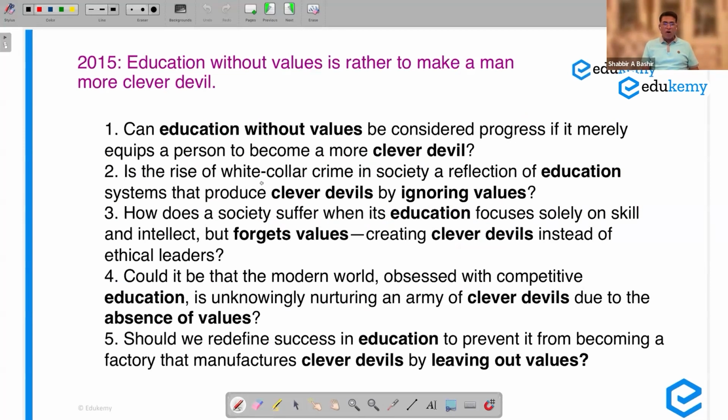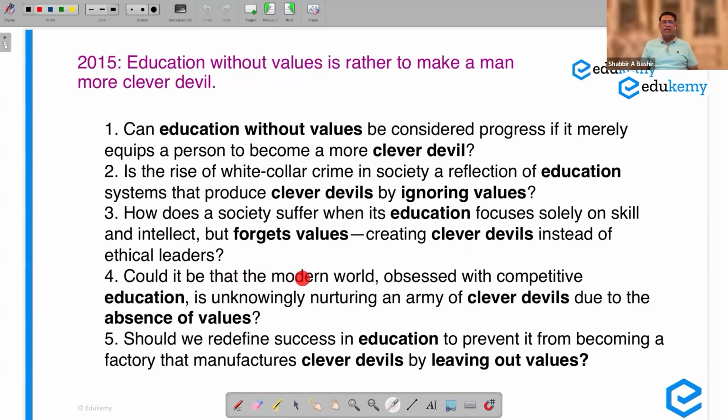Is the rise of white-collar crimes in a society a reflection of education systems that produce clever devils while ignoring values? How does the society suffer when the education focuses solely on skills and intellect, but forgets values, creating clever devils instead of ethical leaders?